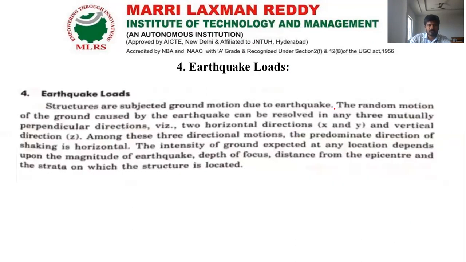Next, earthquake load. The structure is subjected to ground motion due to earthquake. This is the random motion of the ground caused by the earthquake, and it can be resolved in 3 mutually perpendicular directions: horizontal direction, vertical direction, and 3-dimensional directions. It may happen at any place and any position.